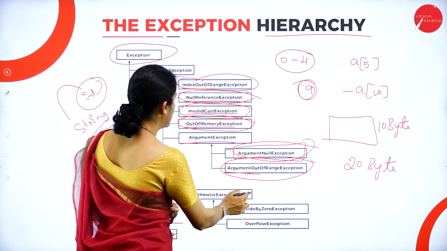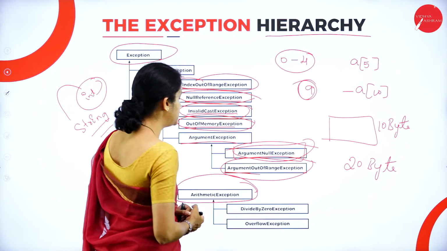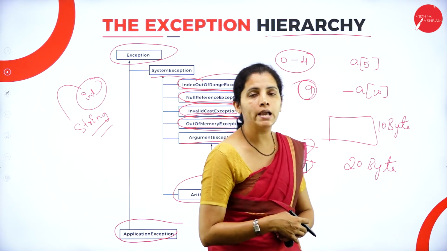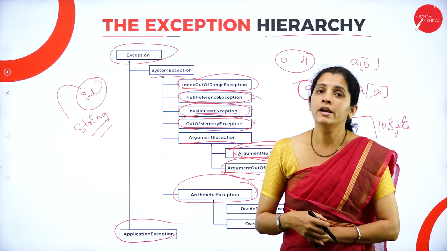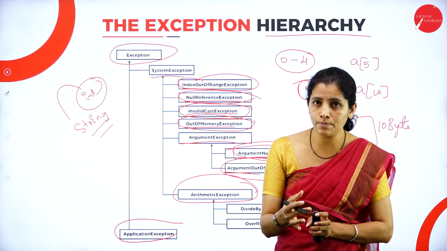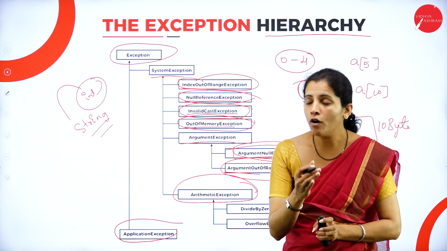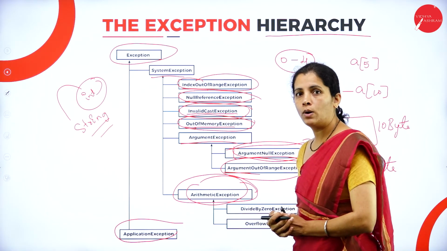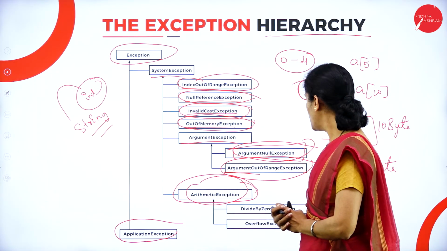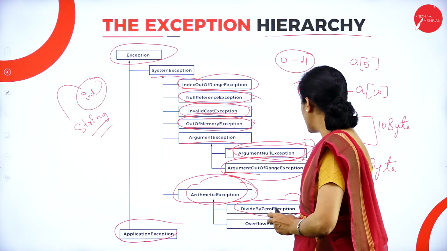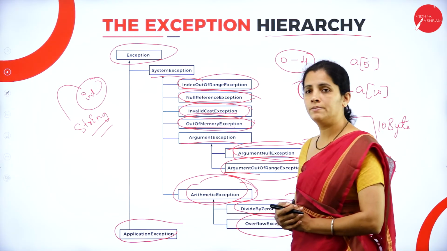After that, if I consider arithmetic exception, in the sense what? While performing any arithmetic operation, if we get any errors or exception, then it falls under arithmetic exception. And what are the arithmetic exceptions we can have here? That is divide by 0 and overflow exception.